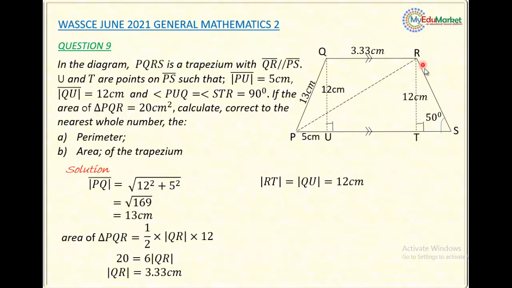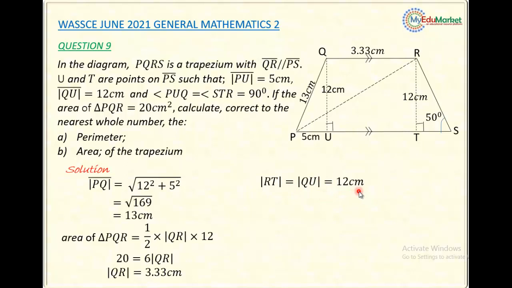The height RT is the same as the height QU, and QU is 12, given in the question. So RT is also 12.